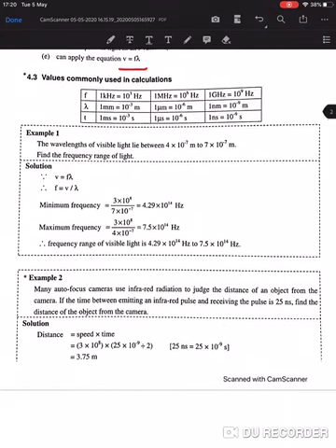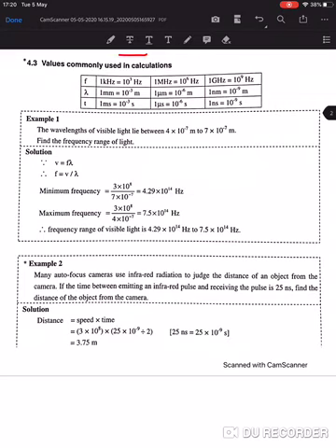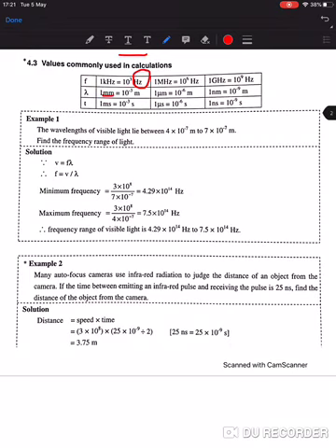Now, here are some of the ideas and some of the units you will normally see when you talk about the frequency f, the wavelength lambda, and the time scale. Some of the normal ones you will see are Hertz, Hz, and then lambda is measured sometimes in millimeters, micrometers, and nanometers.